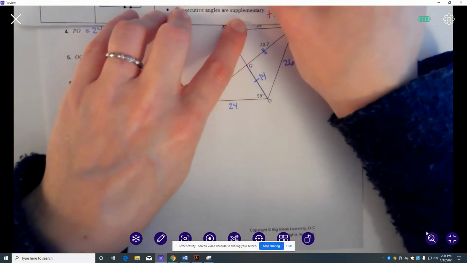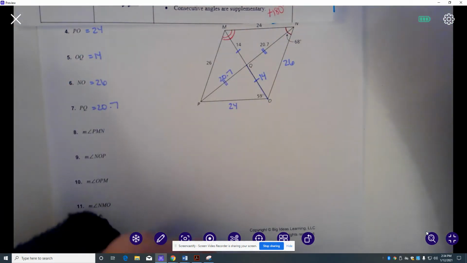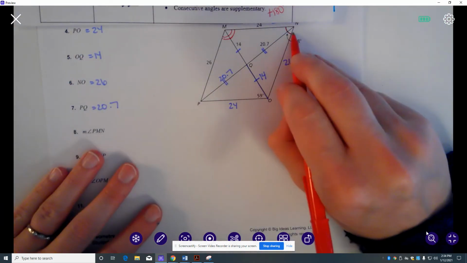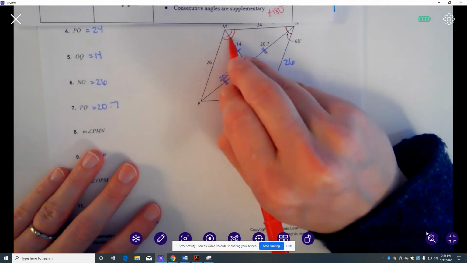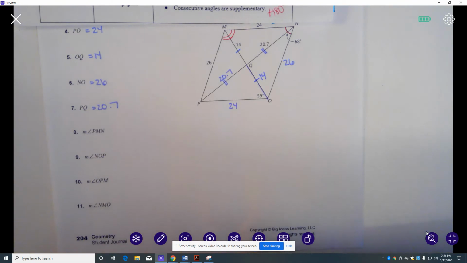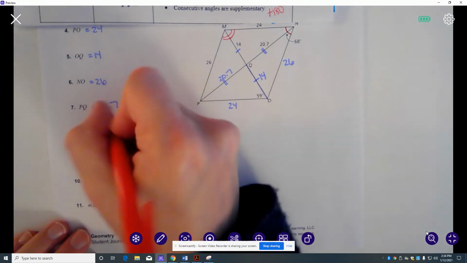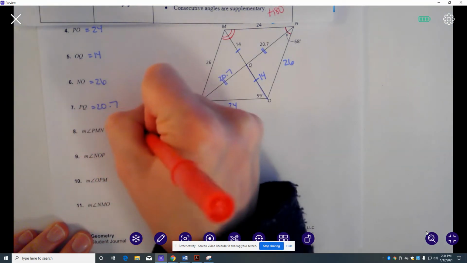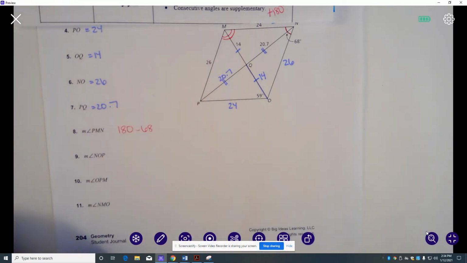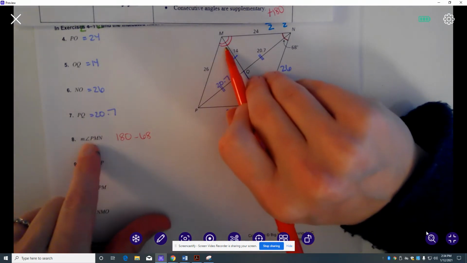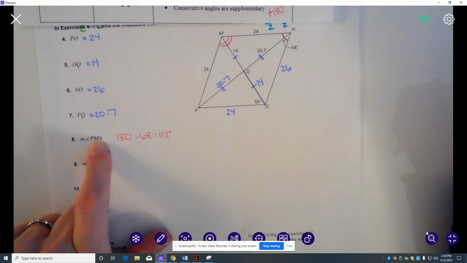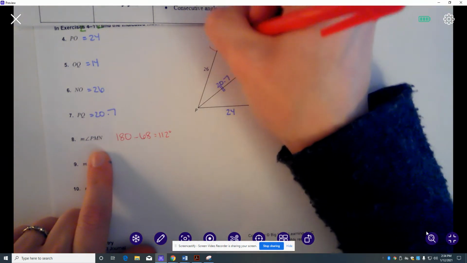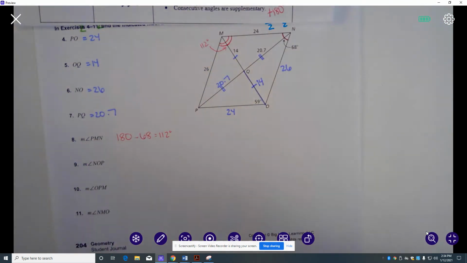That means they add up to 180 degrees. So if angle N is 68, whatever this angle measure is has to add with 68 to equal 180 degrees. So if I take 180 and subtract 68, that tells me the measure of angle PMN is 112. I'm just going to make a little note of that in my picture, that is 112 degrees.